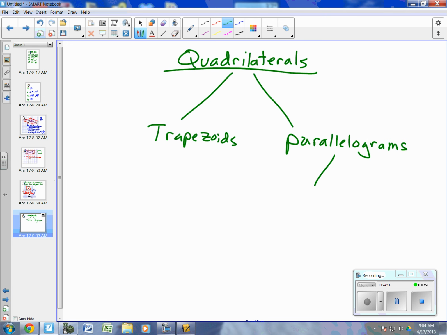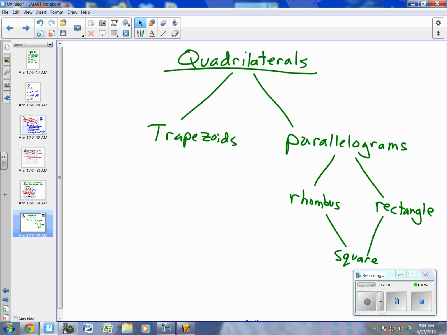Actually, there's 3. There are rhombi, a rhombus and a rectangle. And then, if you put a rhombus and a rectangle together, you get a square. You might want to draw this tree diagram so that you for sure understand this. Okay?